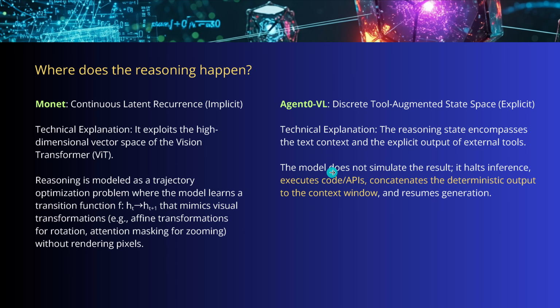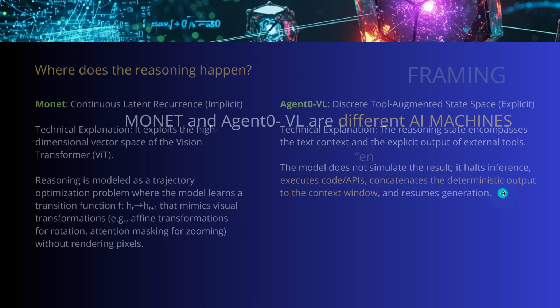It executes the code or API calls or whatever you have. It then concatenates the deterministic output of those elements, like a Python environment, to the context window for the prompt that goes into the LLM or VLM, and then we resume generation and operation in our autoregressive next-token predictor exercise.